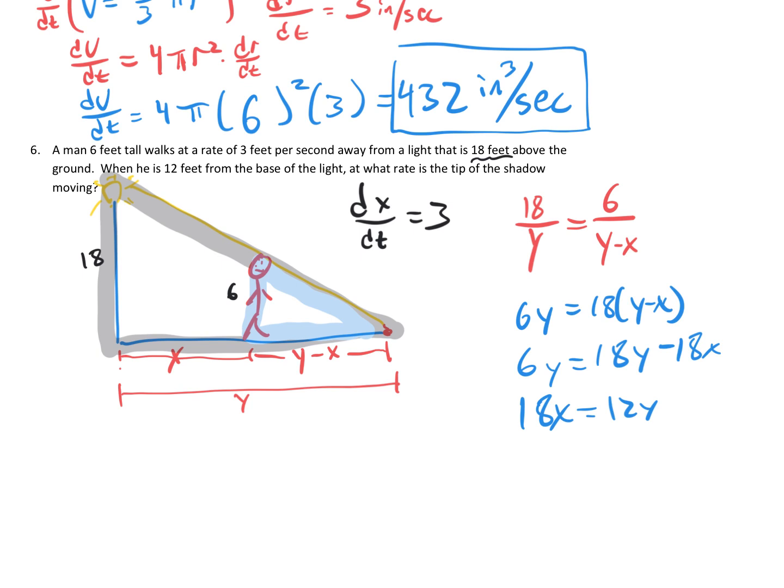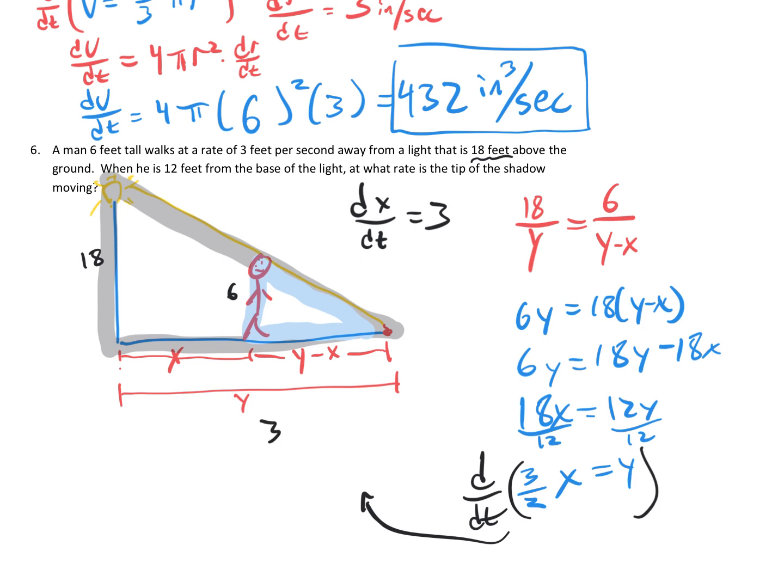Okay. We're looking for the change in y here. So if you want, we can go one step further and divide both sides by 12. 18 twelfths is 3 halves. And now, remember, we're finding this implicitly, so we need the derivative with respect to time here. So d/dt.